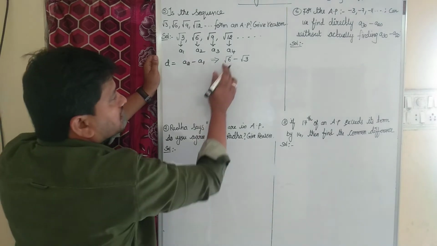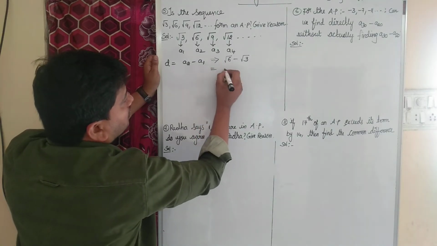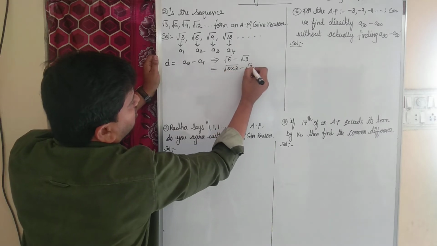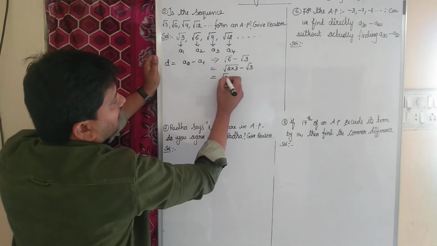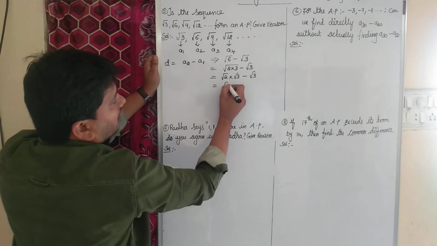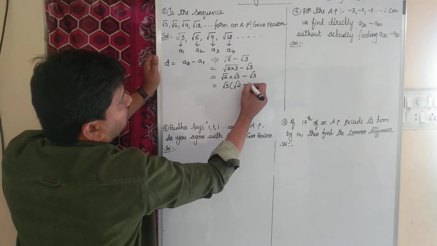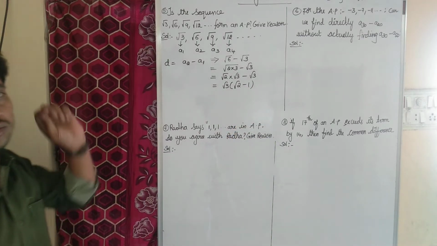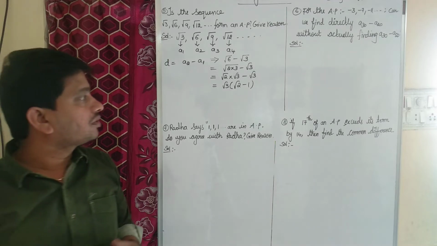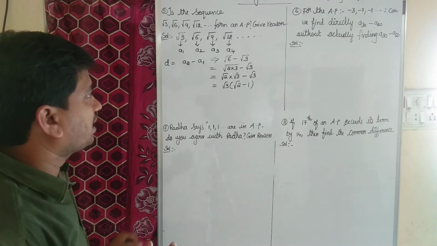How can I write root 6? I can write root 6 as root of 2 into 3, minus root 3. Again I can write it as root 2 into root 3 minus root 3. If I take root 3 as common, I will get root 2 minus 1. That is our D, which is equal to root 3 into root 2 minus 1.